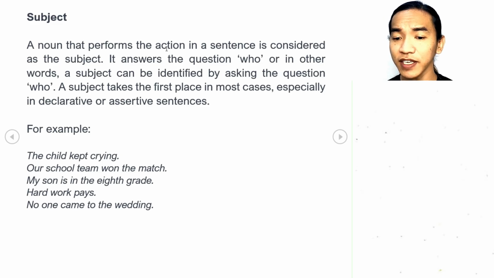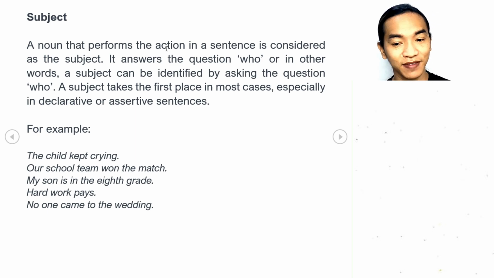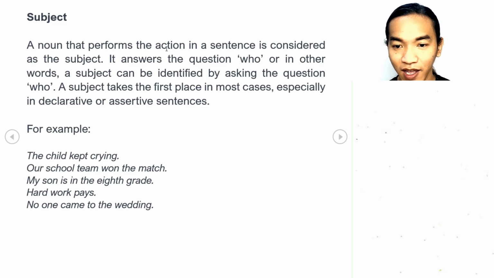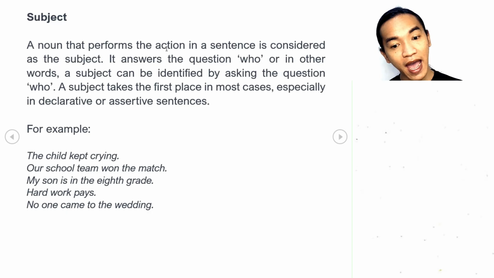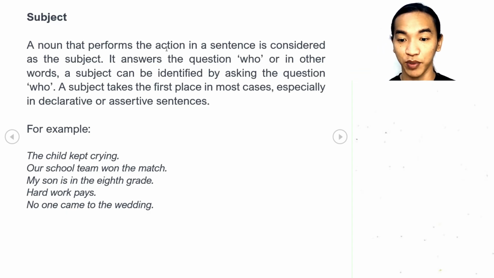So, like for example, the child kept crying. Our school team won the match. My son is in eighth grade. Hard work pays. Okay. No one came to the wedding. Okay? So, usually they take the first place in your sentences, then they are considered as your subject. So, remember, they can be a noun or they can be a pronoun.